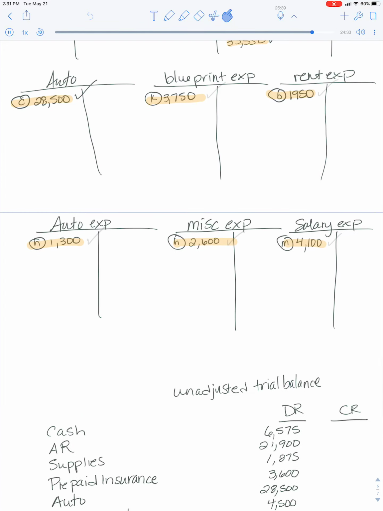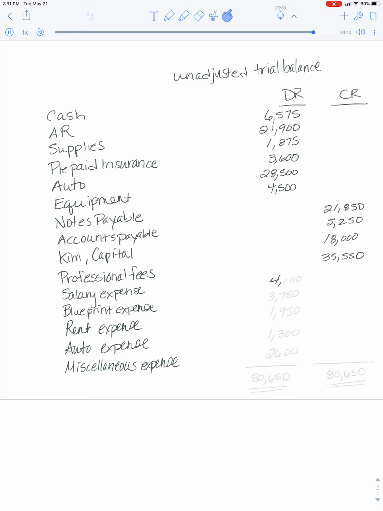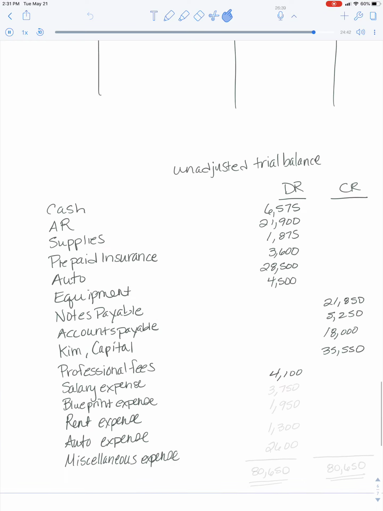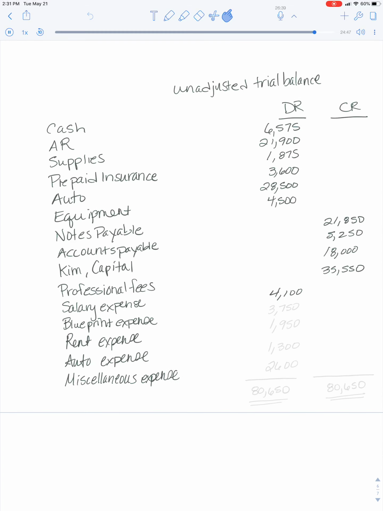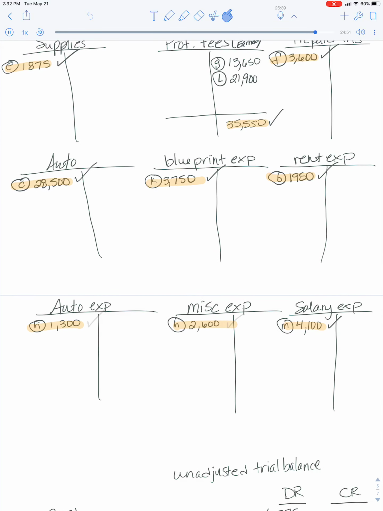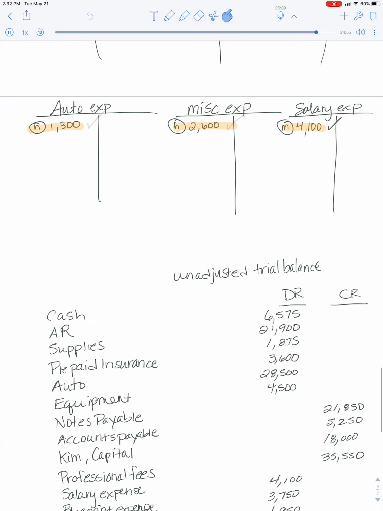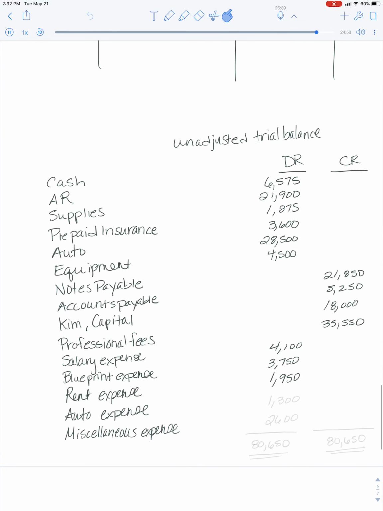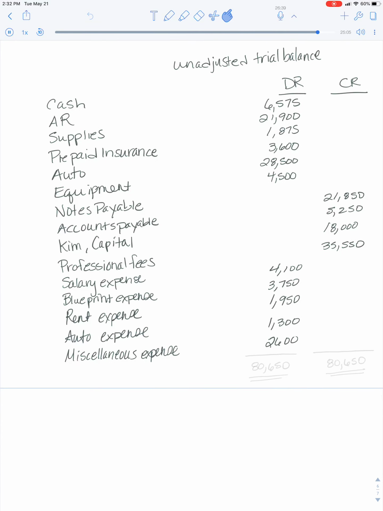Salary expense, there you are, debit balance $4,100. Blueprint expense, debit balance $37.50. Rent expense, debit balance $19.50. Auto expense, debit balance $1,300, and miscellaneous expense, $2,600 on the debit side.